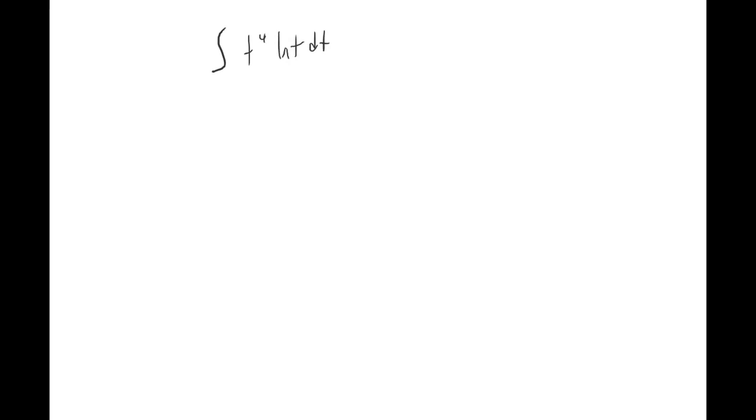So hopefully you know how to derive this, integrate this. So I get t to the 5th over 5, that's my v, times u, so it's just ln t. Derivative of ln t is 1 over t, so that's du, times t to the 5th over 5, so that's v.